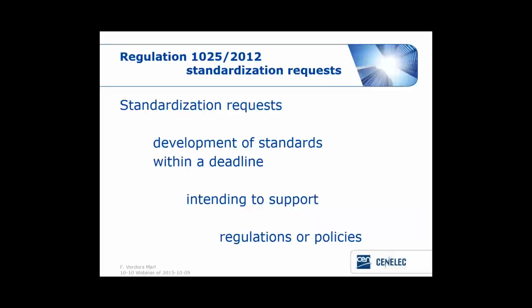For the time being, we don't have a standardization request on that, but they are developing a future standardization request, which will request us to develop standards before a certain day. And then there is the clear identification if the standard is going to be a harmonized standard, this means supporting a regulation, or it's going to be a European standard supporting a public policy.